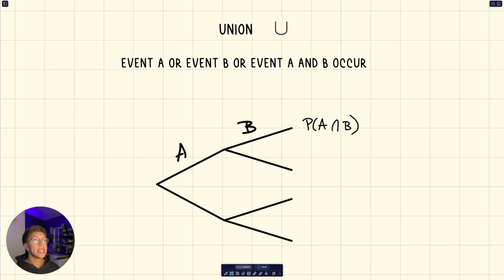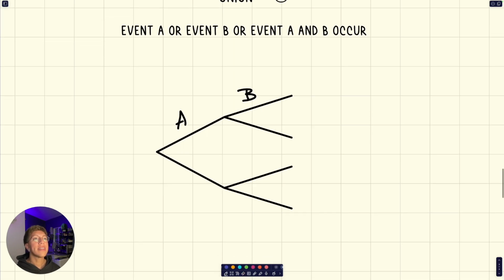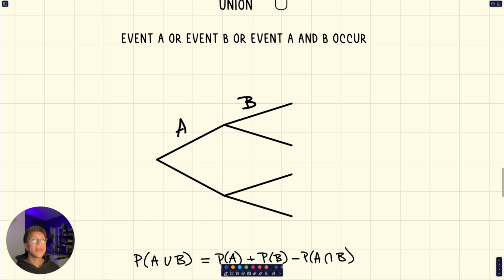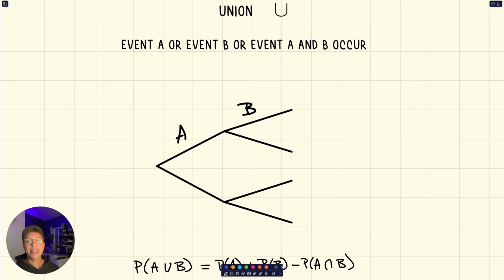So if this is our tree diagram, we have a formula that we learned before, and the formula is the probability of A union B is equal to the probability of A plus the probability of B minus the probability of A intersection B. And so we can see that union is a little bit awkward because we can clearly see our probability of A, and we would think that our probability of B is right here.